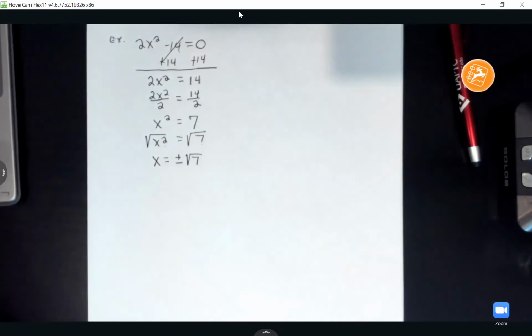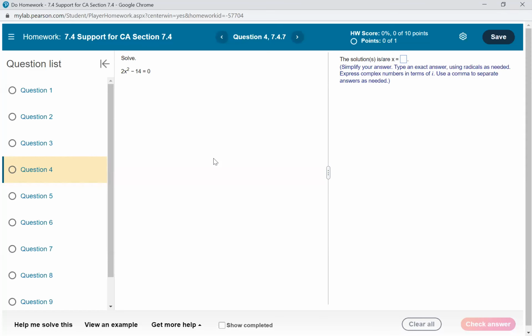Why did I put the plus or minus on that one? Because anytime you do a square root, it takes 2 positives to make that, or it could be 2 negatives. So a negative square root of 7 times a negative square root of 7. Just like when I had a 4 under here, 2 times 2 is 4, and negative 2 times negative 2 is 4.